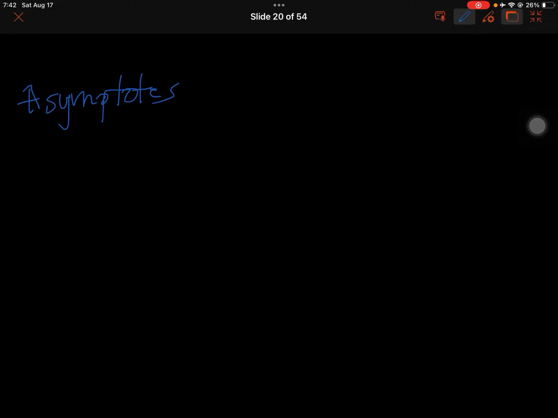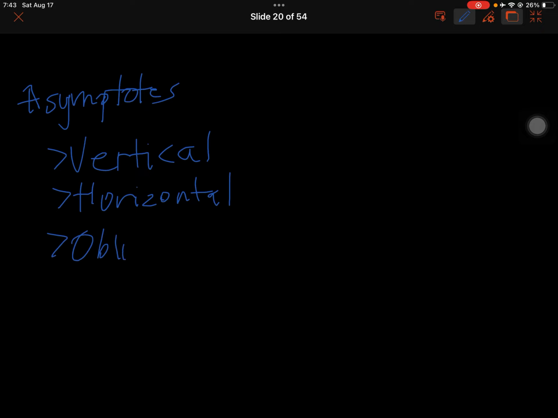So the definition is kind of vague, but this is where the graph goes closer and closer, but it doesn't touch. Okay. So for example, we have here the vertical asymptote, the horizontal, and the oblique or slant. Okay.